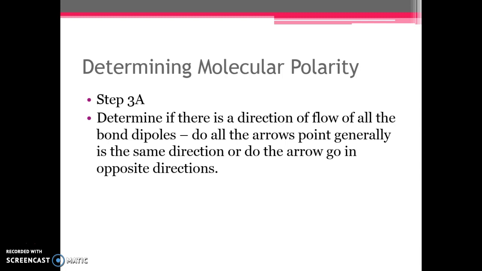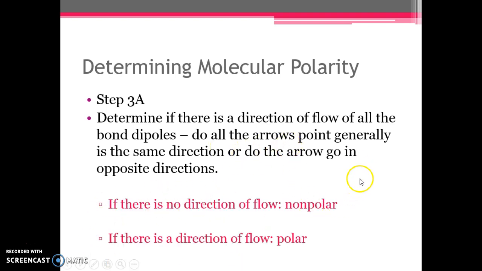If, however, you have arrows pointing in opposite directions, so like all the heads are pointing in or all the heads are pointing out, then the arrows essentially cancel each other out. The bond dipoles cancel each other out, and so you wind up with a nonpolar molecule. So once again, just because the bonds are polar, doesn't mean the whole molecule itself is going to be polar. So if there's no direction of flow, you've got a nonpolar molecule.